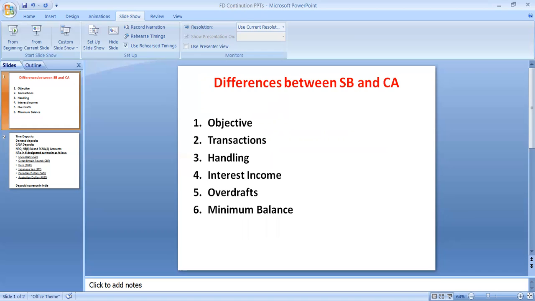The basic objective of saving bank account is to enable the customer save his or her liquid assets and also earn money on that savings. The savings bank accounts are preferred by individuals and provide liquidity for private and small business sometimes.